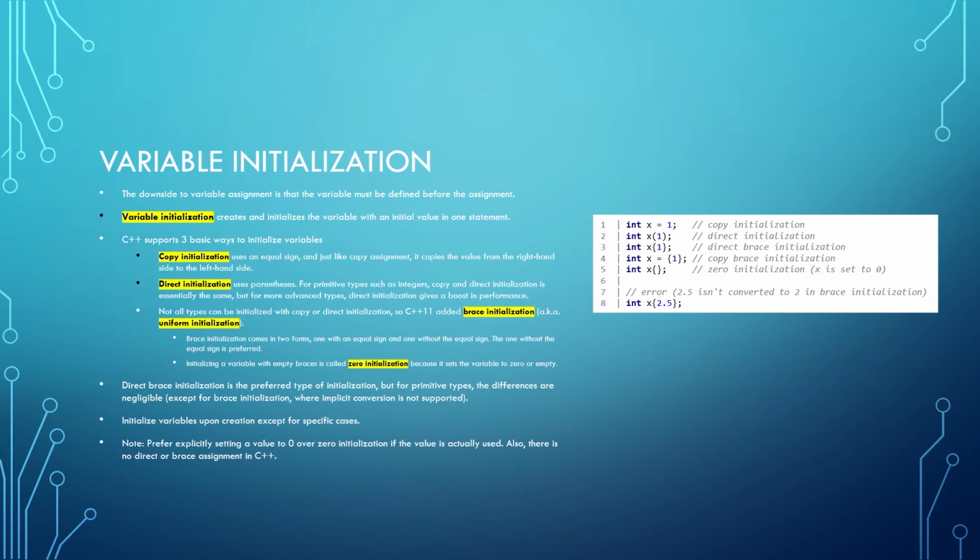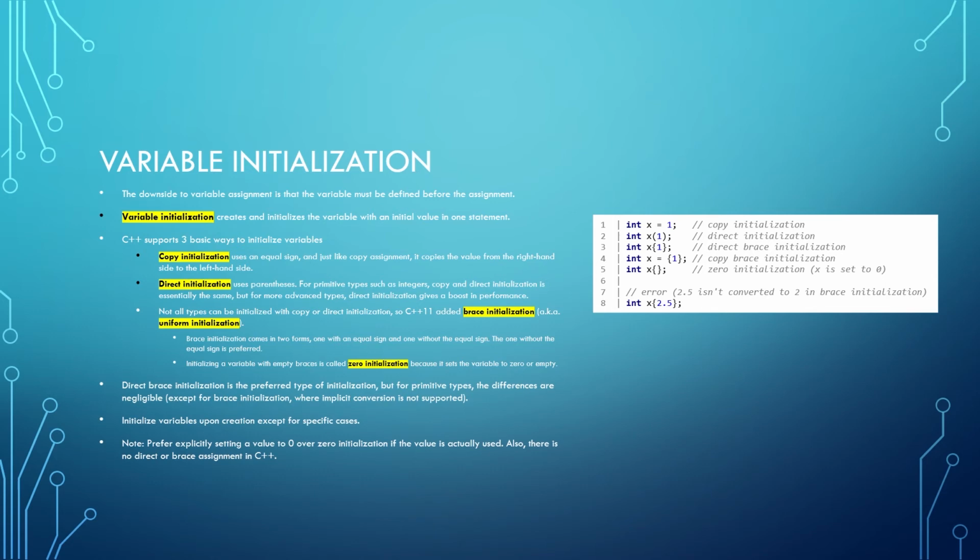Copy initialization uses an equal sign, which is kind of like the copy assignment operator, which copies the value from the right-hand side to the left-hand side. And then direct initialization uses parentheses. For primitive types such as integers, copy and direct initialization are essentially the same, but for more advanced types, direct initialization gives a boost in performance.